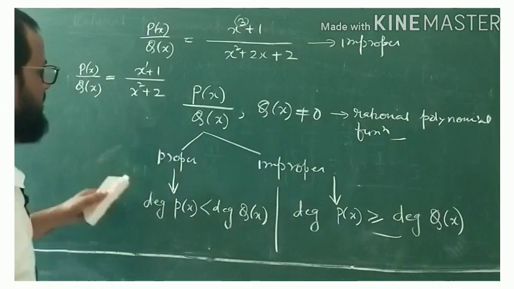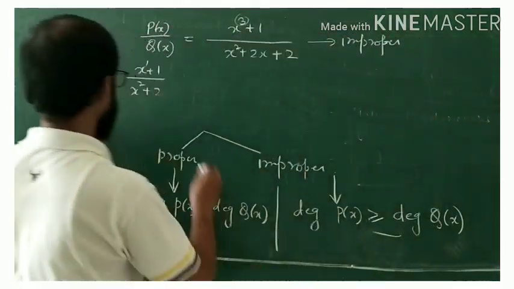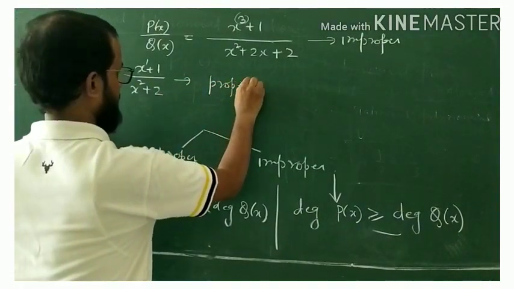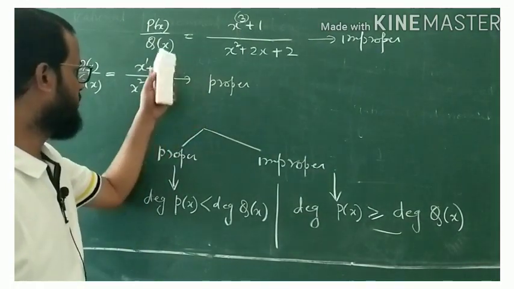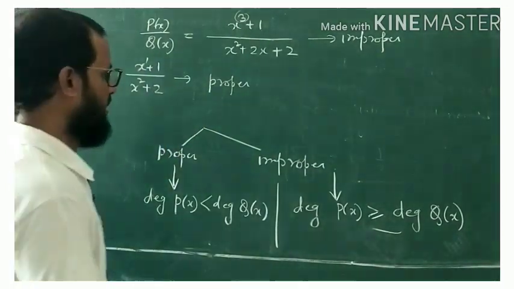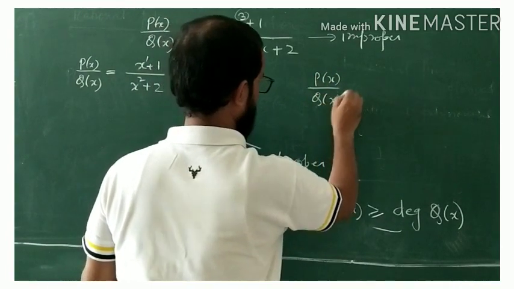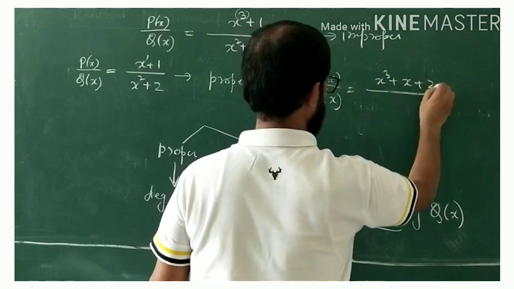In such cases, this type of function is called proper. It is called a proper rational polynomial function.